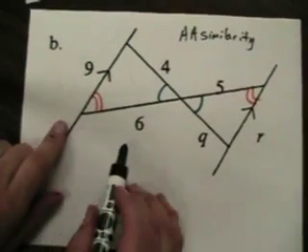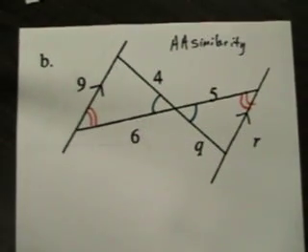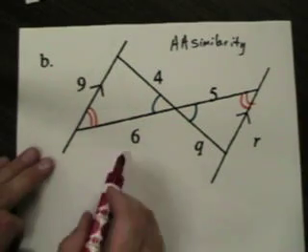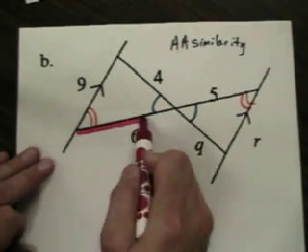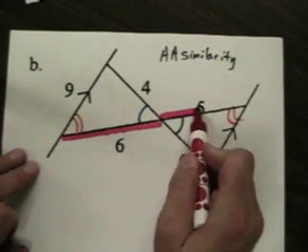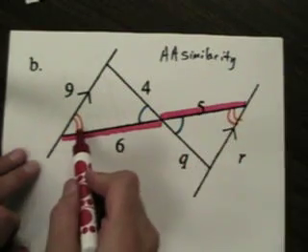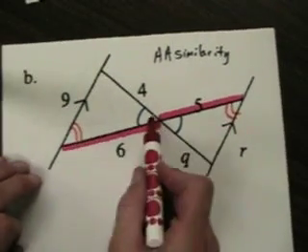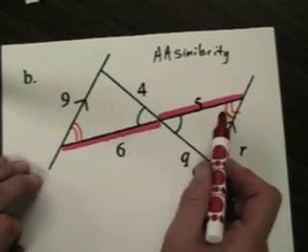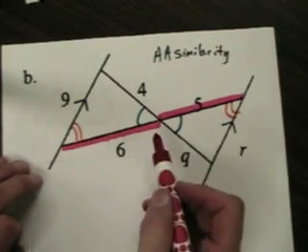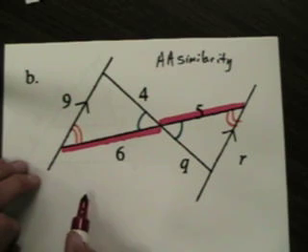Let's see if we can make this magic happen. This side right here relates to this side over here. See how this is between the orange, the single and the double, and this is between the single and double. So I know those correspond to each other. That's the one I'm going to use for my scale factor.